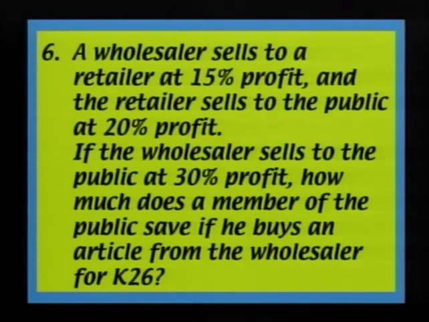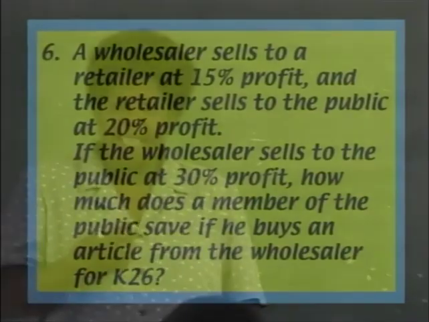Okay, 26 kina is what somebody in the public will pay to buy the article from the wholesaler. So you have to use that to find the cost price the wholesaler paid for the article.